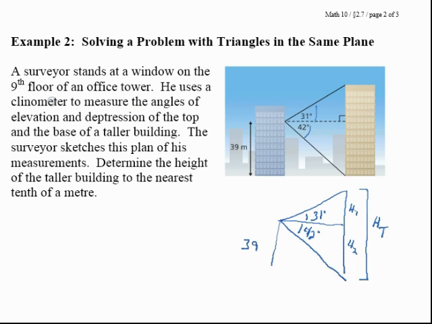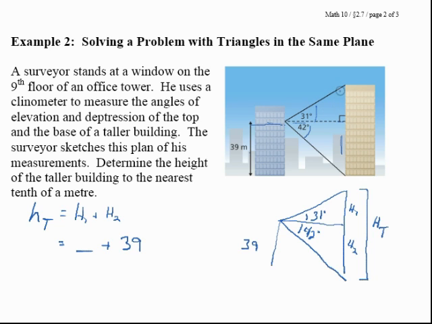I'm a big fan of writing out the big picture, and the big picture in this question is that HT, which means total height, is H1 plus H2. Now I actually already know that H2 is 39 because that's a straight line across, right? So it's the same distance as this. So I really only need to find H1.